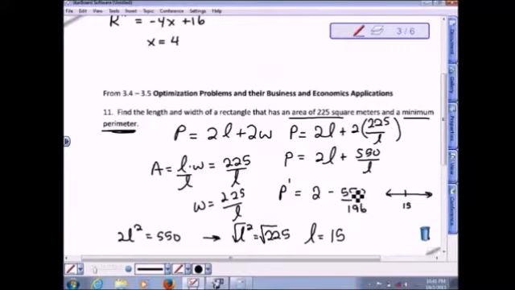is 196. Now 550 divided by 196 is a little bit more than 2. If you take that from 2, you end up with a negative value. So 16 squared, let's see, 16 times 16.